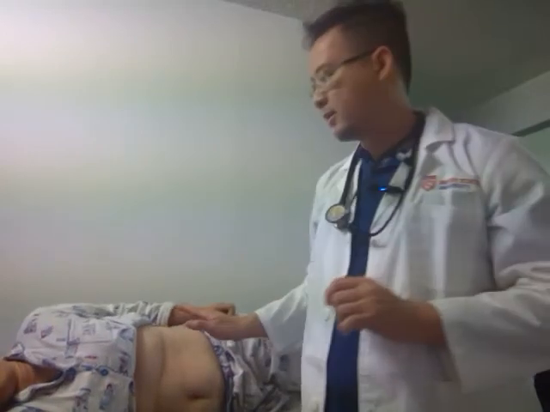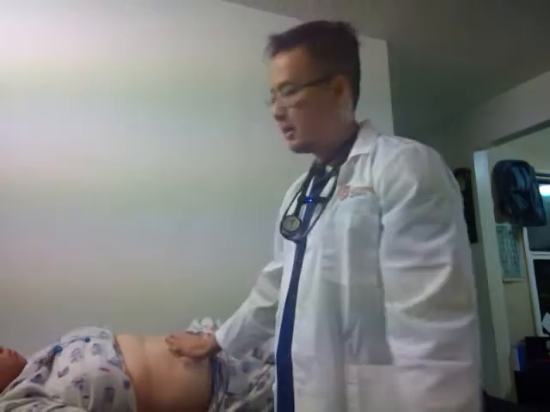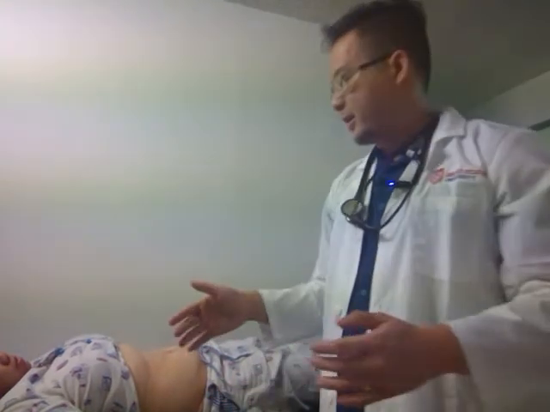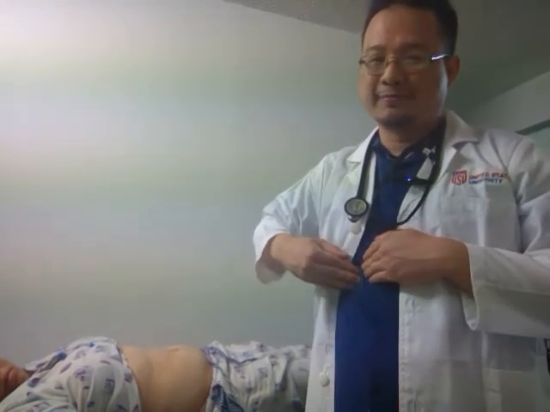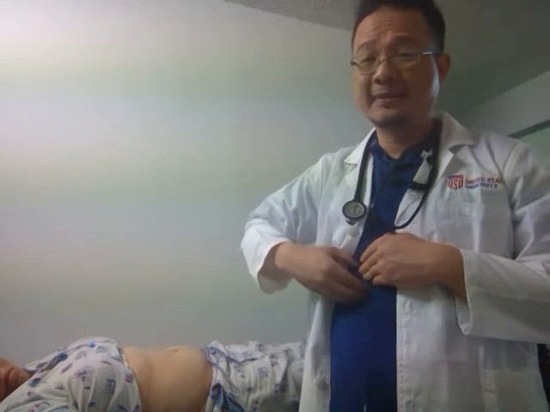The Murphy sign is where we ask the patient, can you go back to your normal side? Thank you. For the Murphy sign, we find the liver on the right side of the patient, and we use the fingers like a C cup like here, and ask the patient to take a deep breath, and then we put it on the right upper quadrant below the rib cage.